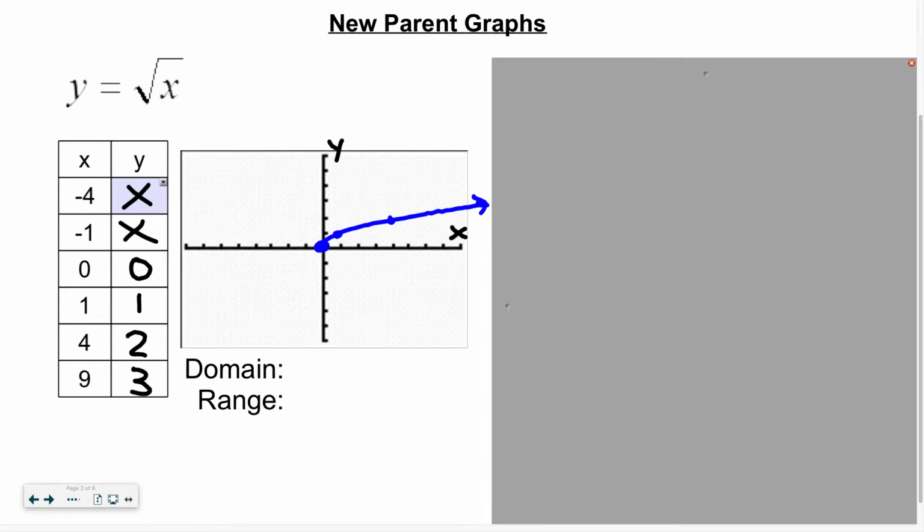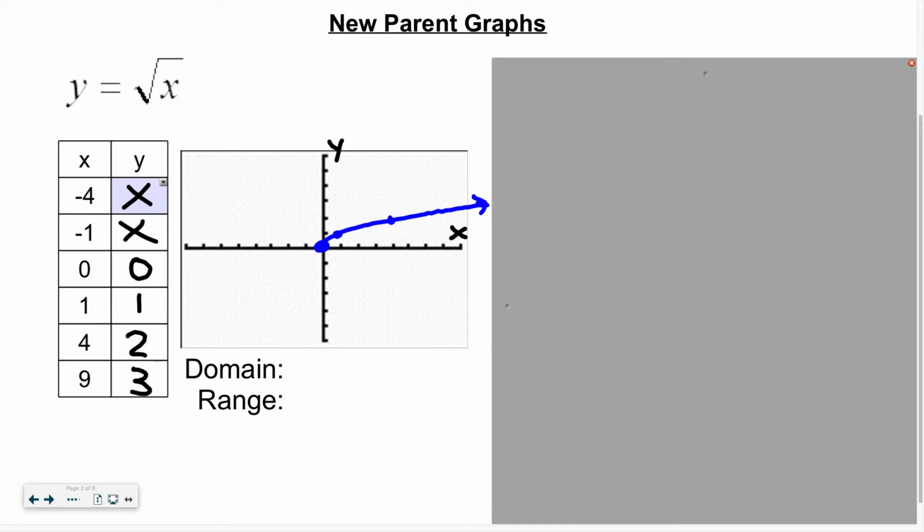That's something we're going to get to later in the chapter. It's called an inverse. Okay, so the square root of x is the inverse of x squared. So the graphs are related. They're reflected over the line y equals x. But when you do the square root of x, you only get one side because you can't do the square roots of negative numbers. So you just get that one arm of the parabola.